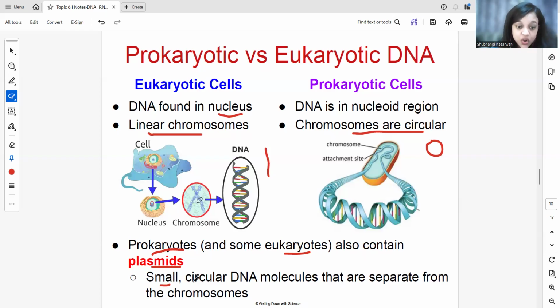These are small circular DNA molecules that separate from the chromosome. Plasmids are generally found in bacteria.